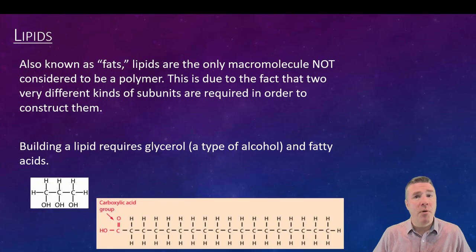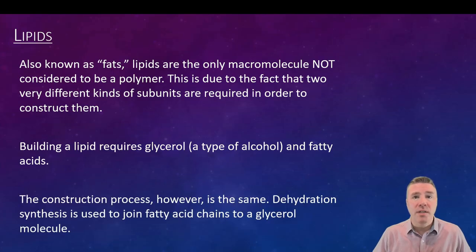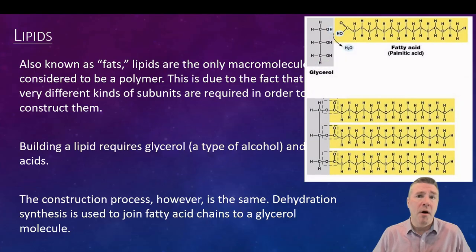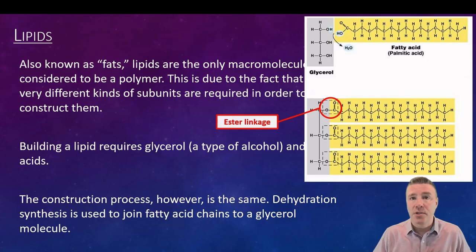Although lipids are not polymers, they are constructed using the same dehydration synthesis reaction. The bond formed between a fatty acid and a glycerol is called an ester linkage. When 3 fatty acids are linked to a single glycerol, a triglyceride is the result.